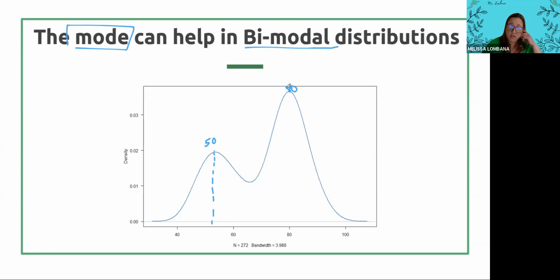Remember, mode is how often a value is repeated. So let's say there were two 80s and two 50s. So you have two modes. That means you're going to have some scores here, and most of the average is going to be here, as well as over here. That's basically what that means. But make sure to have this drawn out, because they did have a writing task where the students had to make a bimodal graph.